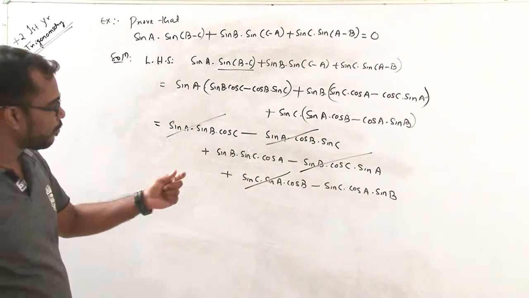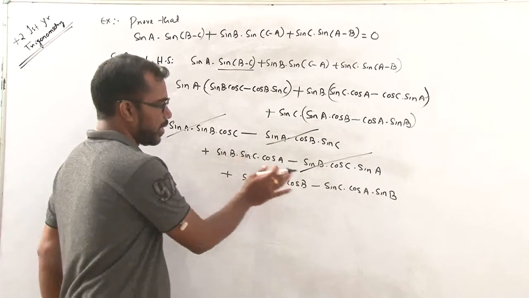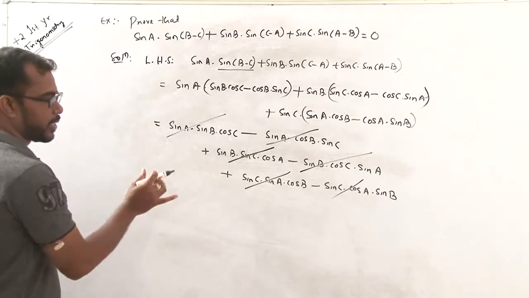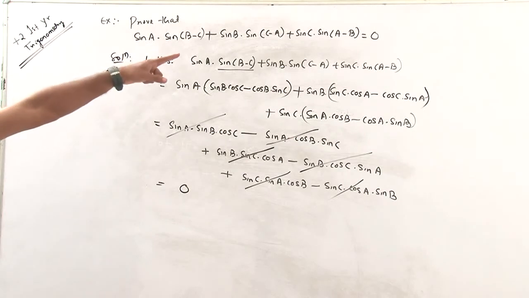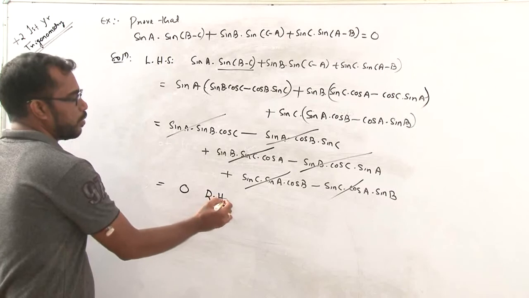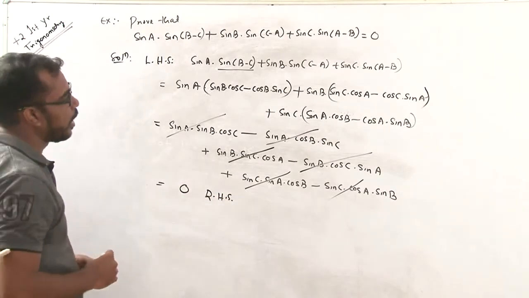The remaining third and sixth are also the same with opposite signs, so we cancel all these expressions. So the result is 0. The RHS is also 0, so we have proved that LHS is equal to RHS.